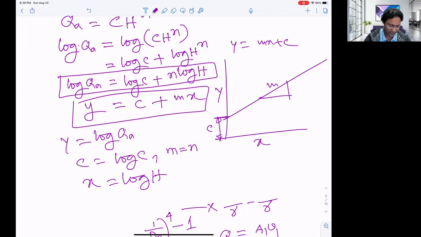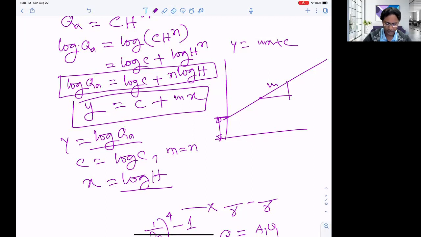But how can we plot log QA versus log h? We need to use log paper. The x-axis should be a log axis, right? Instead of this one, we have to use a log axis.